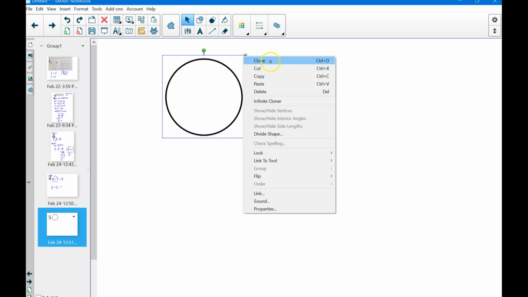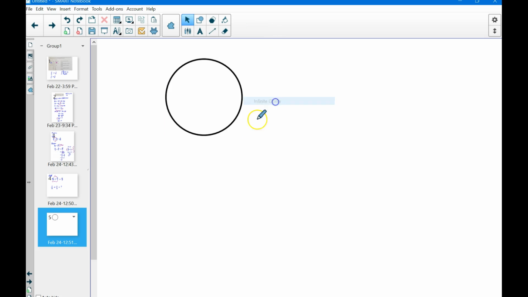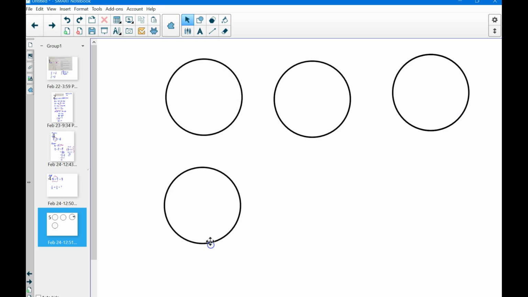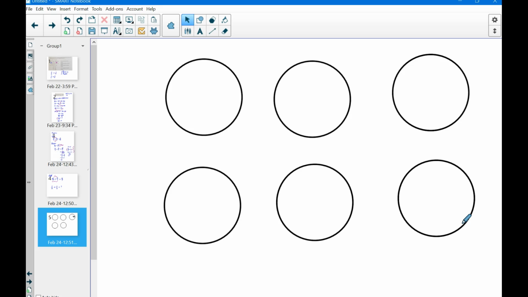Hang on a second. This will all make sense in a second. So I'm making these circles right now. I'm going to give myself some more room here. Move this down a little bit.